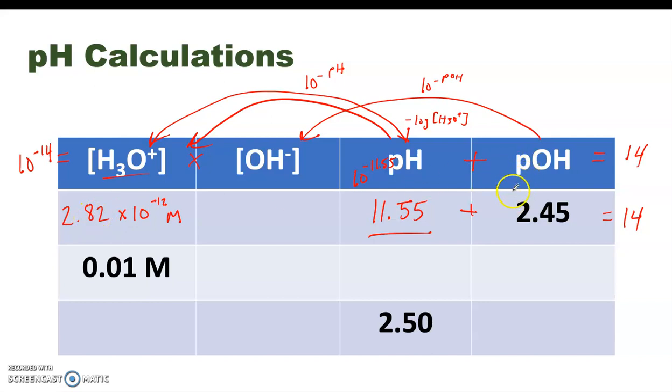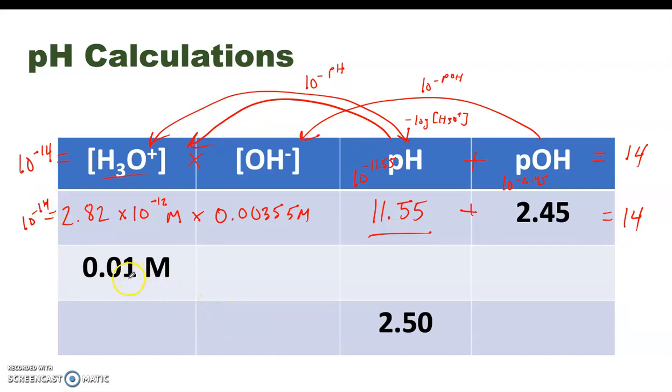So I'm just going to go 10 to the minus 2.45 to get my OH concentration, and you end up with 0.00355 molarity. And you can always check: does this times this equal 10 to the minus 14? And it should.